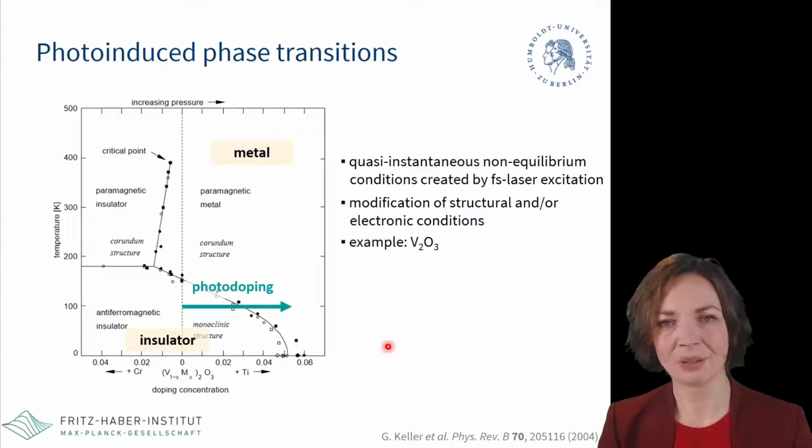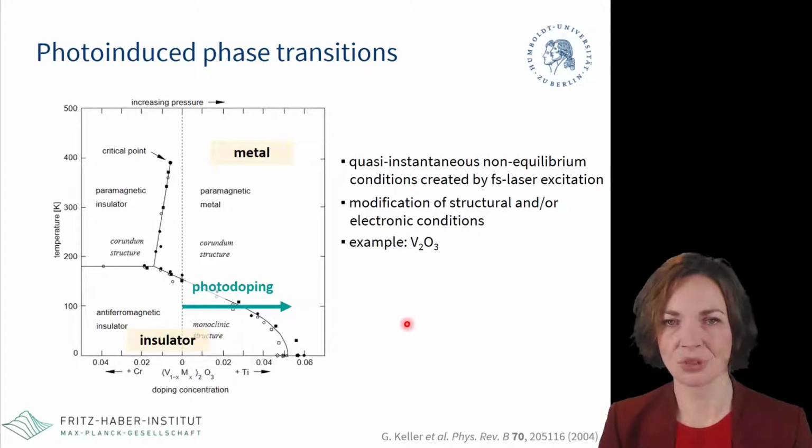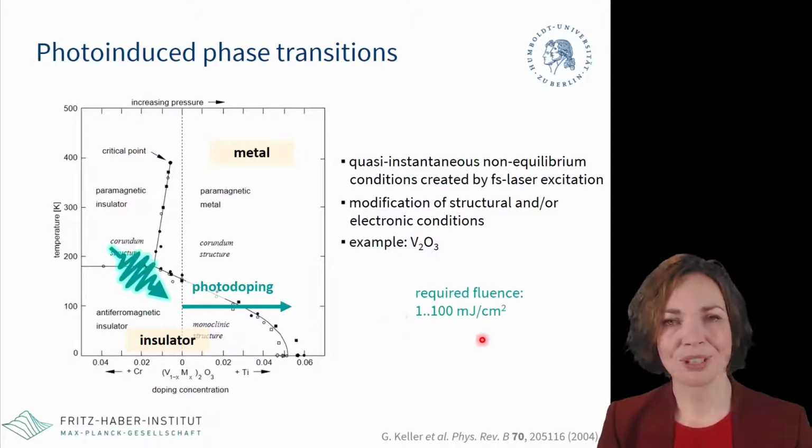However, it turns out that in most, if not all, materials, you really need a very, very strong excitation density to drive the transition into the metallic state, on the order of millijoules per square centimeter.